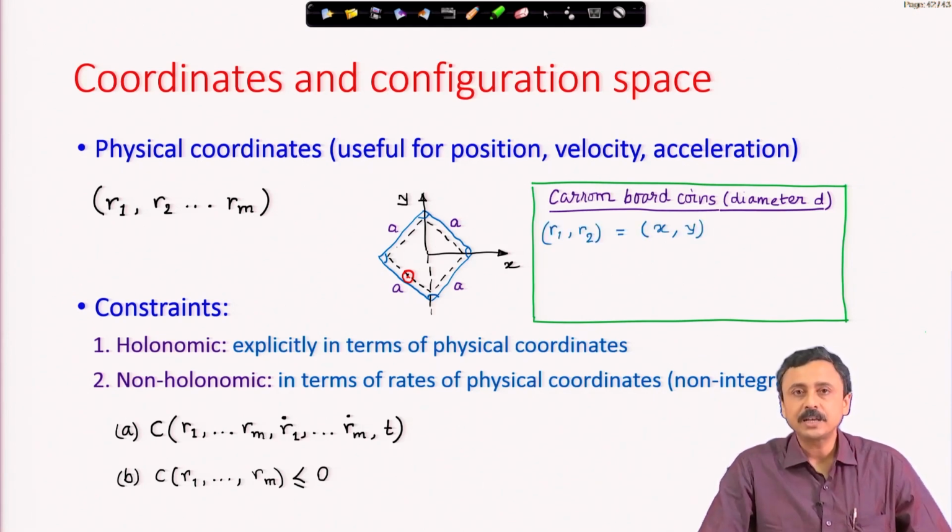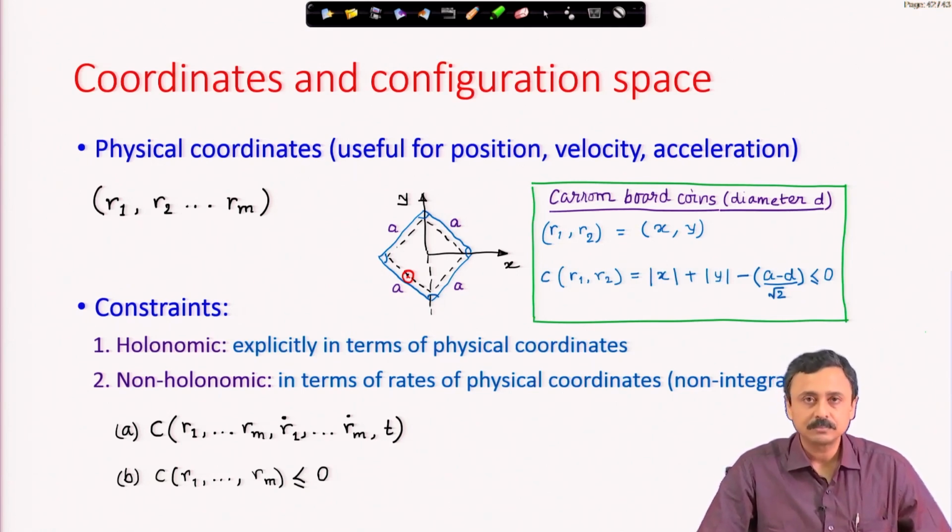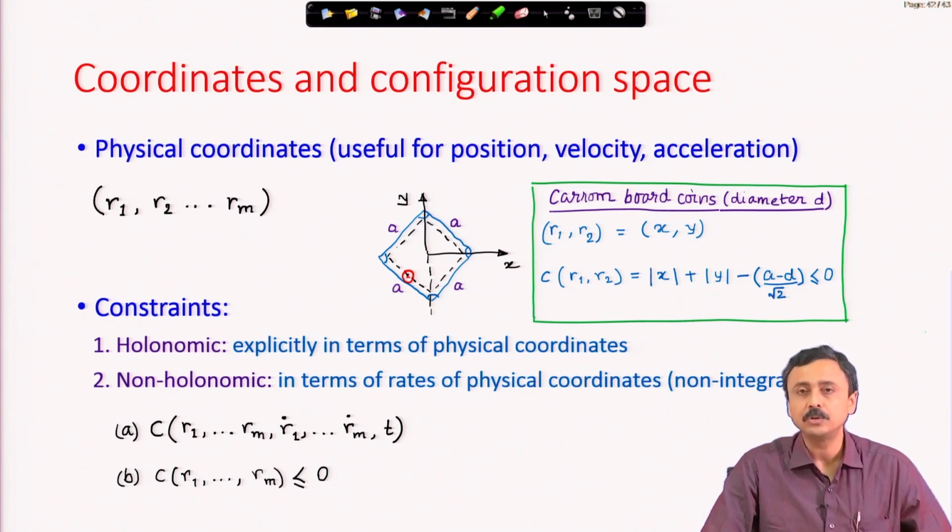If I represent the physical coordinates x, y of the center of the coin, that is r1, r2, then the constraint is: mod of x plus mod of y minus (a minus the diameter of the coin) divided by root 2, where a is the length of the side of the carom board, must be less than or equal to 0.